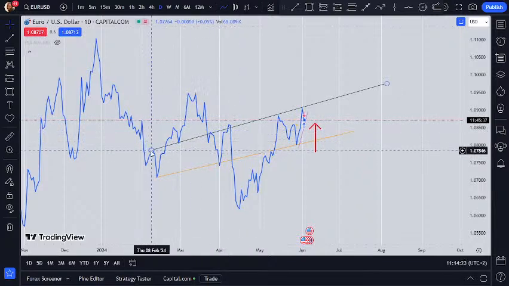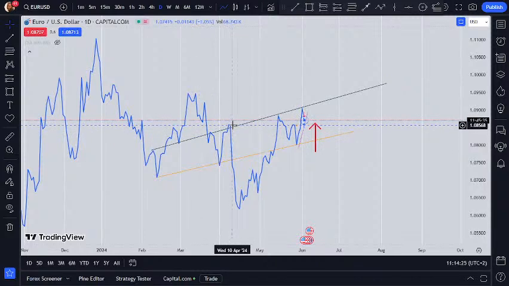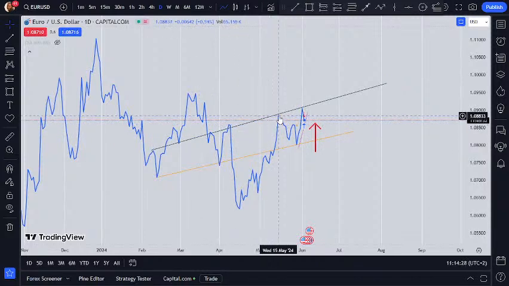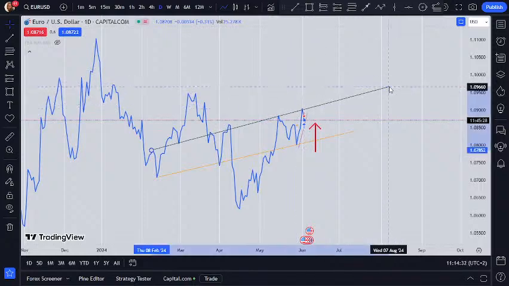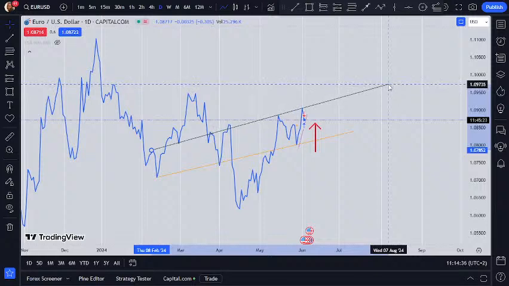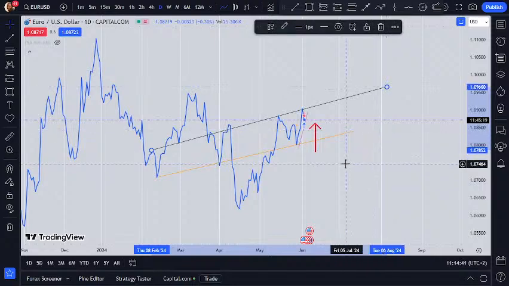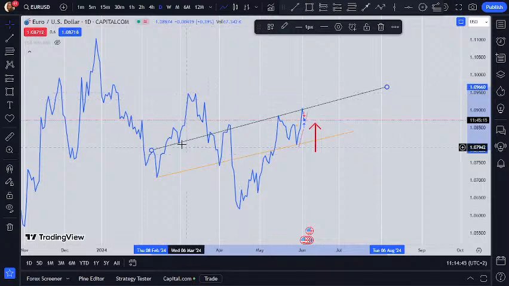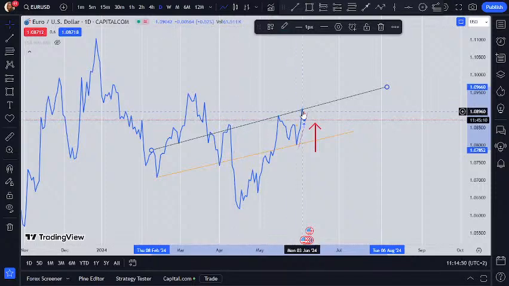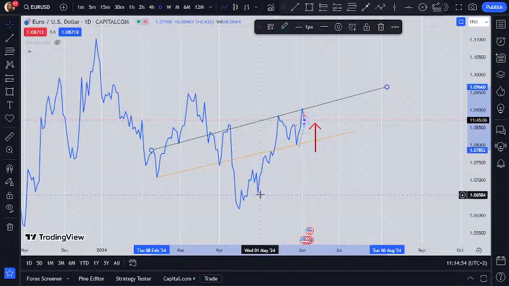You see 1, 2, 3, 4. I was trying to make sure this line touches as many points as possible. So we have 1, 2, 3, 4, 5, and the sixth one. So that's the trend line I was looking at.